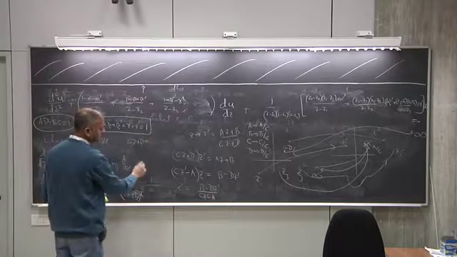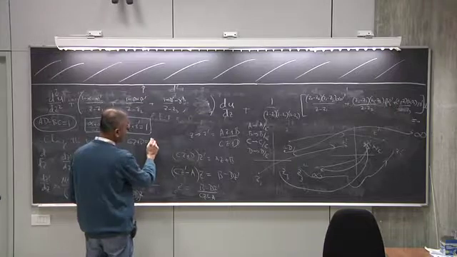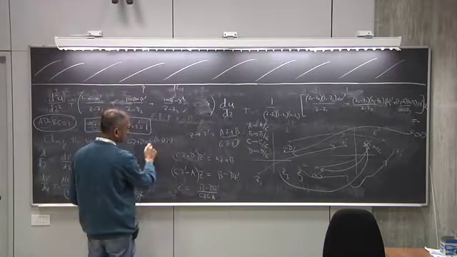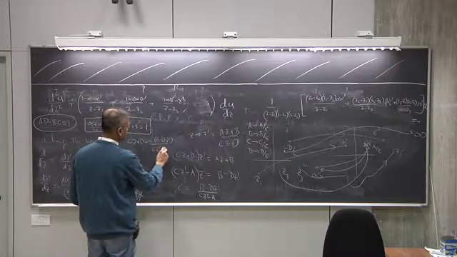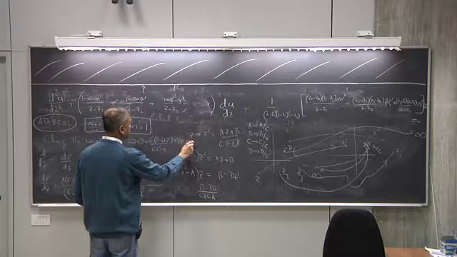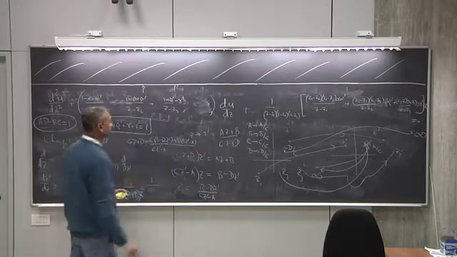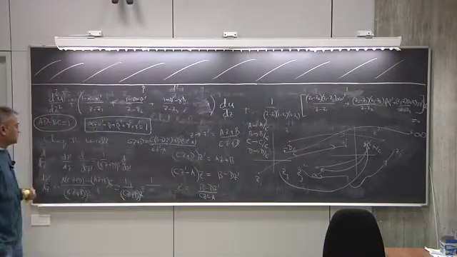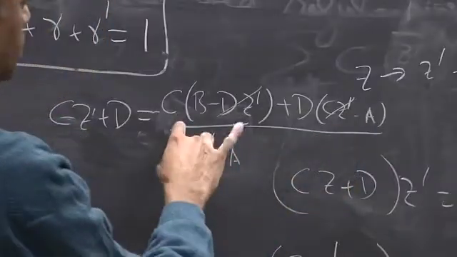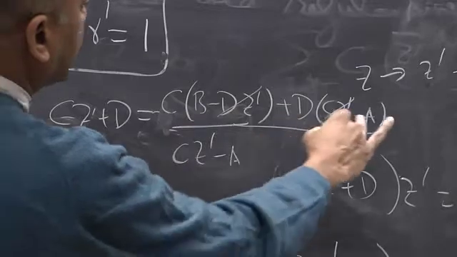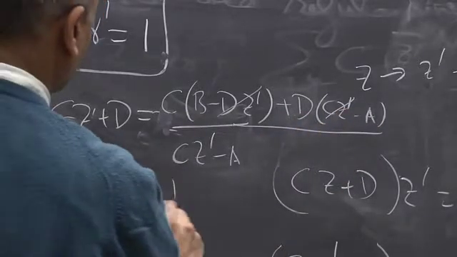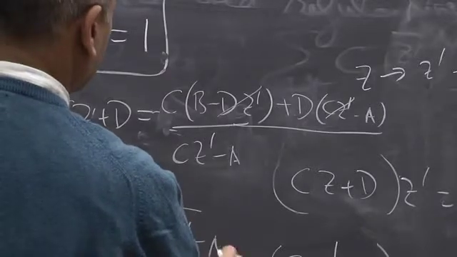Using this equation, you get c times b minus d z prime divided by cz prime minus a, plus d, times cz prime minus a. Now again the z prime cancels, and what is left over is cb minus ad, but that is minus 1. So this is simply minus 1 over cz prime minus a.